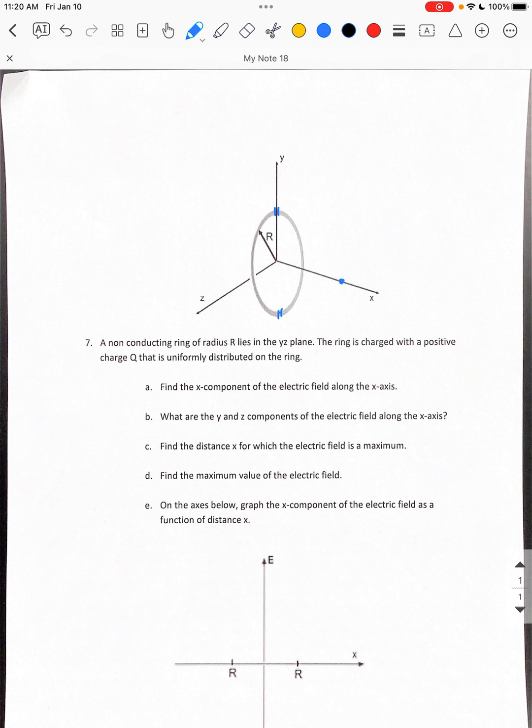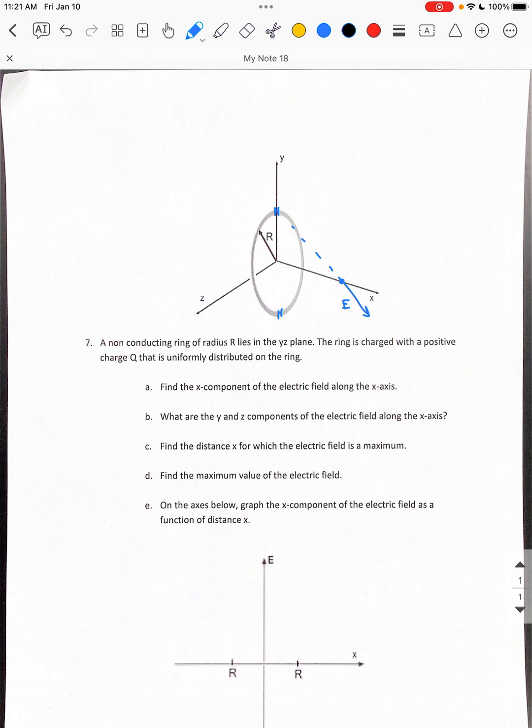So if I take the top position, a piece of the positive charge at the top is going to have an electric field out, at this position on the x-axis, it'll go down and out. So this is my electric field.